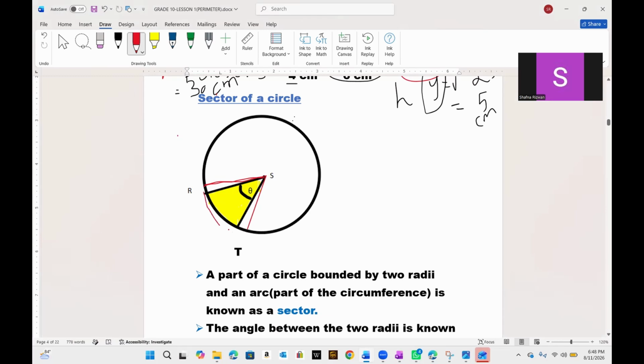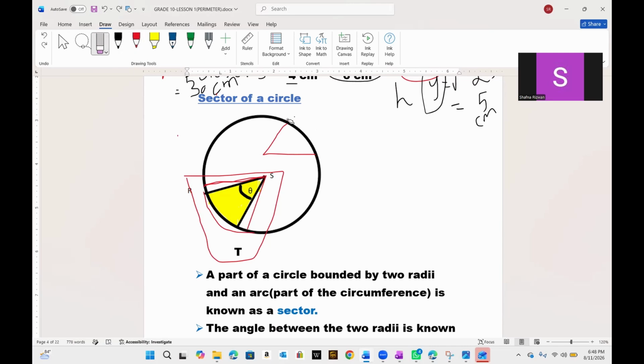Then you also have an arc here, and you call this whole part a sector. Always remember that in a circle you have a center in between. With two radii and an arc covering it, you call this part a sector of a circle.